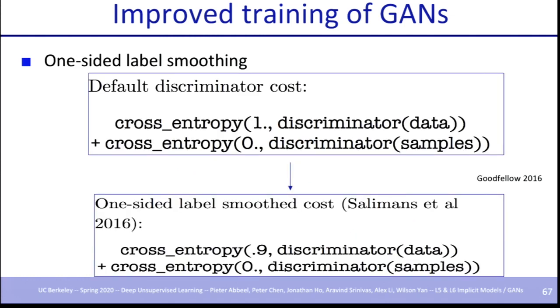So the next trick that the authors propose is called one-sided label smoothing. But before that, label smoothing in general is a very good idea, and it's been used in multiple places in supervised learning. The idea in label smoothing is the following. Whenever you implement a classifier, you're giving it targets or labels, and you're saying the target is some one-hot vector over your number of labels.